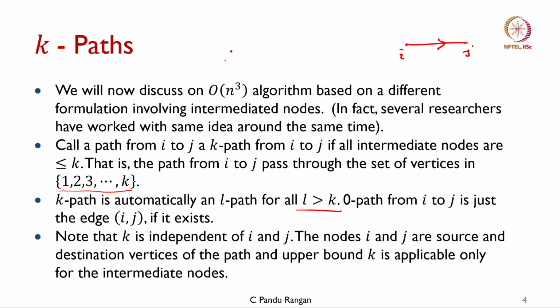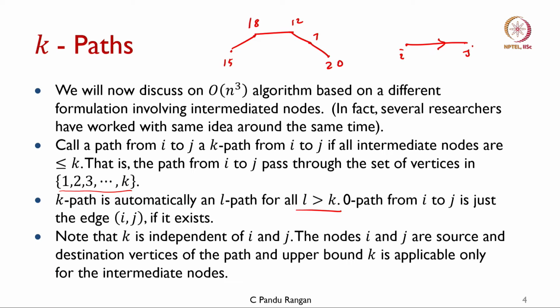Okay. For example, I can have 15, it can go via 7, 12, 8. This is a 12 path connecting 15 and 20. Suppose instead of 8 it is 18.